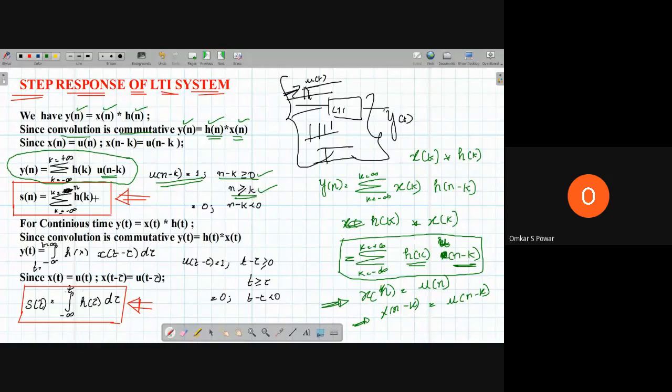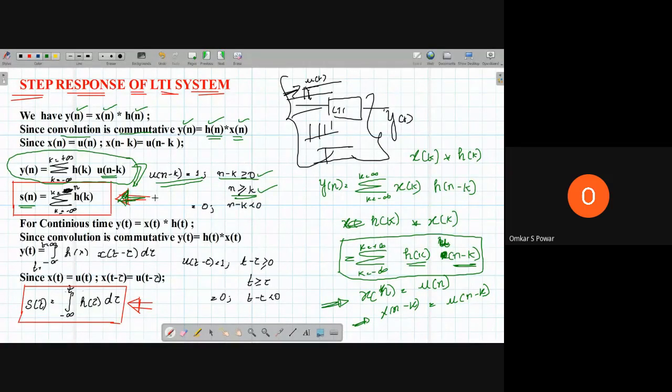So this term can be simplified as your step response is equal to summation k varies from minus infinity up till n only, because your n is greater than or equal to k. So minus infinity to n h of k. This formula you have to remember for solving the step response of the LTI system.